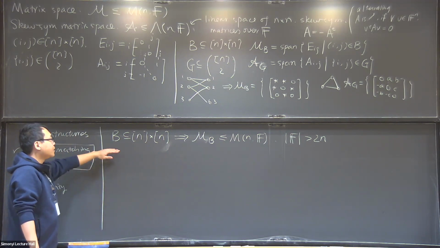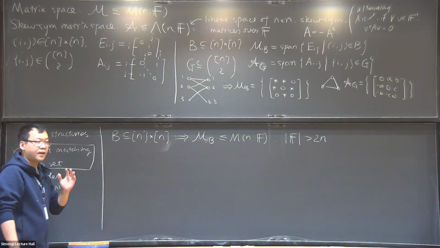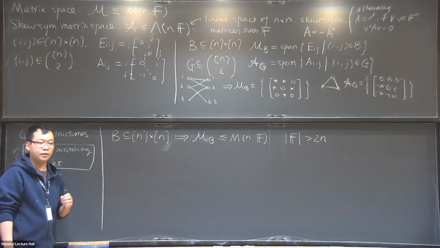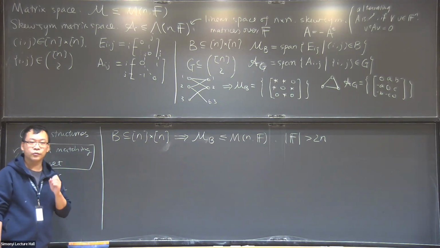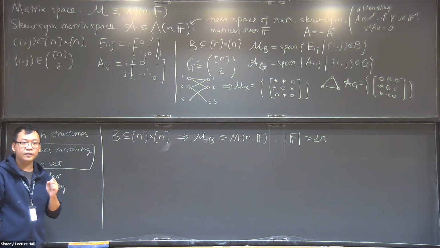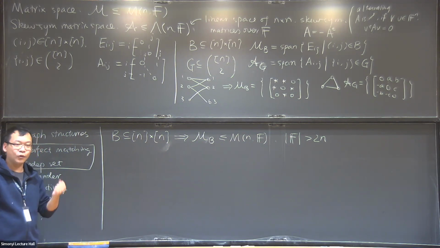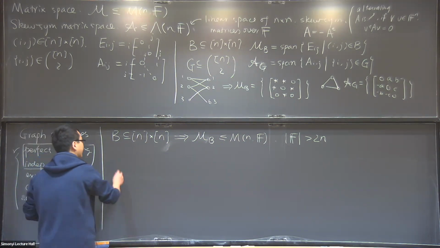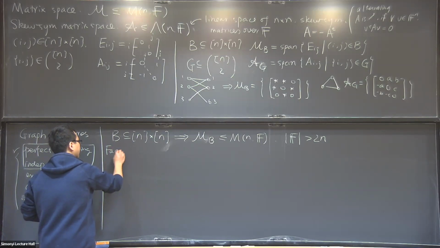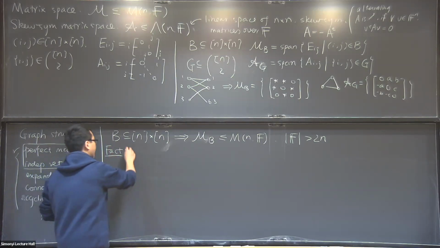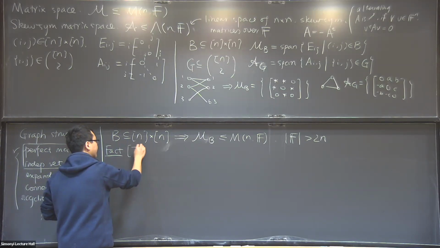Okay. So the first connection between graphs and matrix spaces probably goes back to Tutte, Edmonds, and Lovász, who gave the following fact or observation, well, maybe it's a theorem.